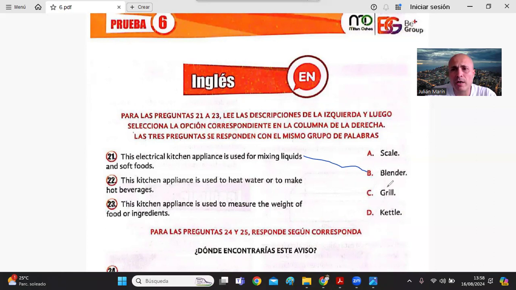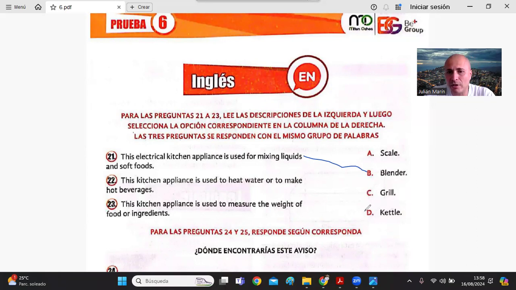Grill wouldn't work because a grill is an artifact that we use for cooking, essentially for cooking food. And a kettle is a utensil that we use in order to boil water or any other beverages. So let's see 22. This kitchen appliance is used to heat water or to make hot beverages.